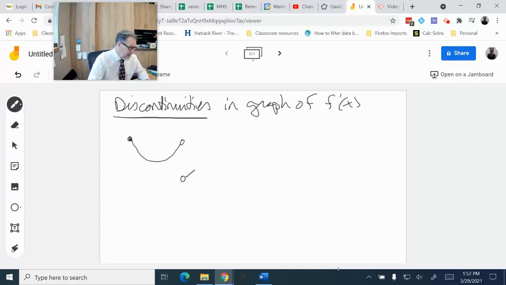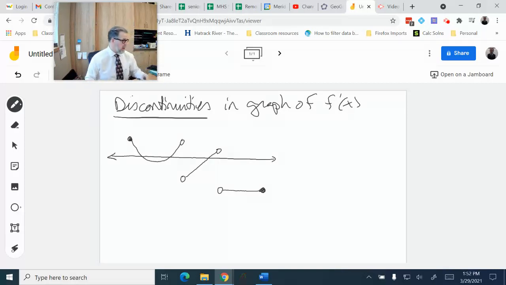And then it does its thing, and then all of a sudden it jumps down to here, and then it stays constant for a while, and then it ends. And my x-axis is right here, and it doesn't really matter where my y-axis is for the purposes of this discussion. So let's call this 1, and let's call this 2.